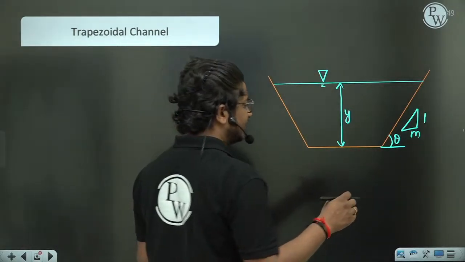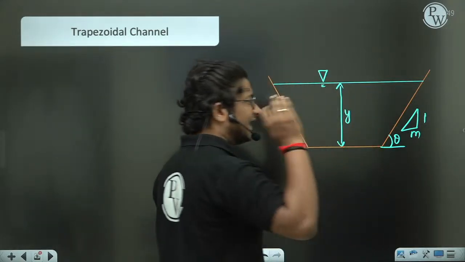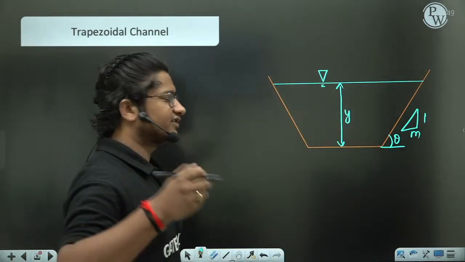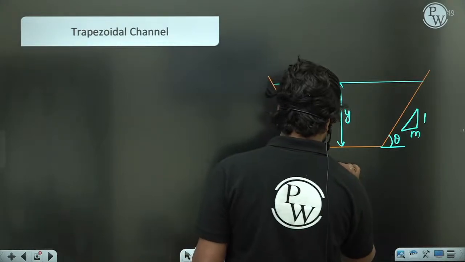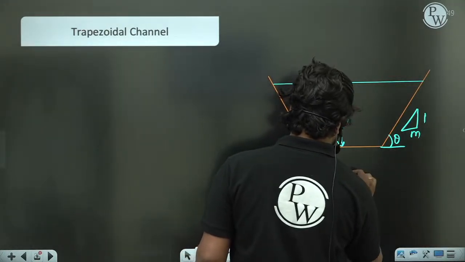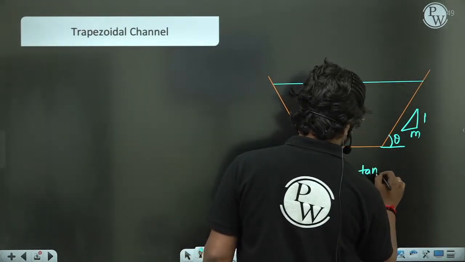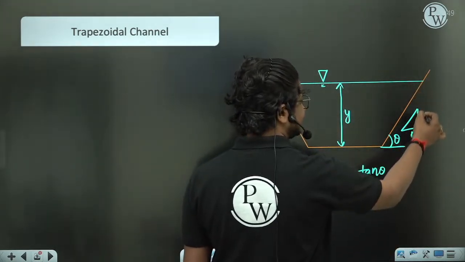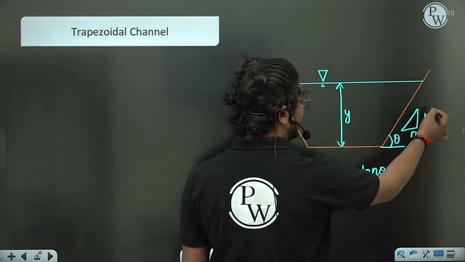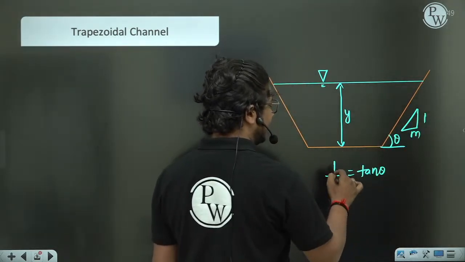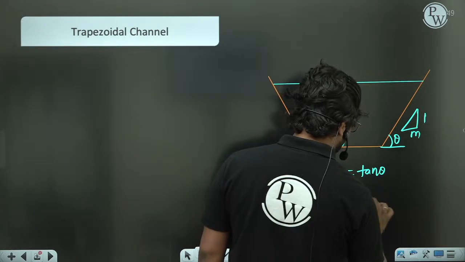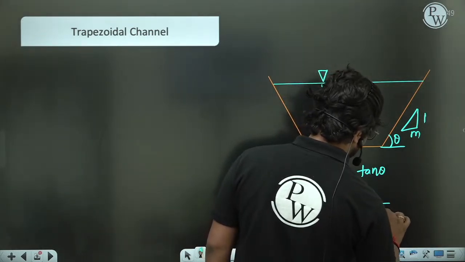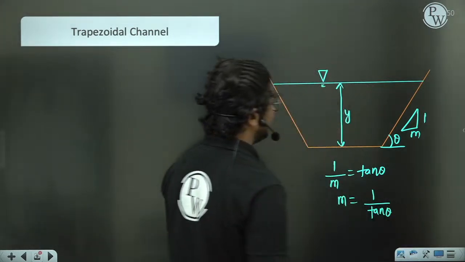So what will be the difference here? In the triangular section, m equal to tan theta was there. Here 1 by m is equal to tan theta. Why? Because if you take tan theta here, this side will be y and this side will be perpendicular, y divided by my. So 1 by m will be there. So m will be equal to 1 upon tan theta.